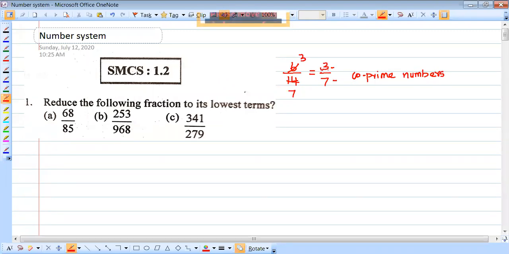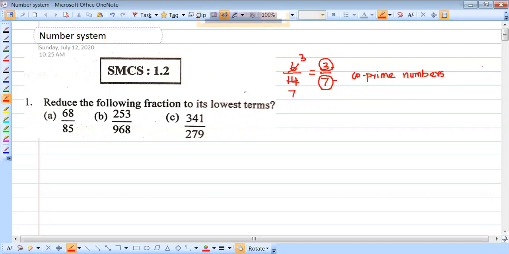If you have two numbers and those two numbers don't have any common factors other than one, they are called co-prime numbers. So the final most simplified form of this fraction should be in co-prime format. So that is your lowest terms.